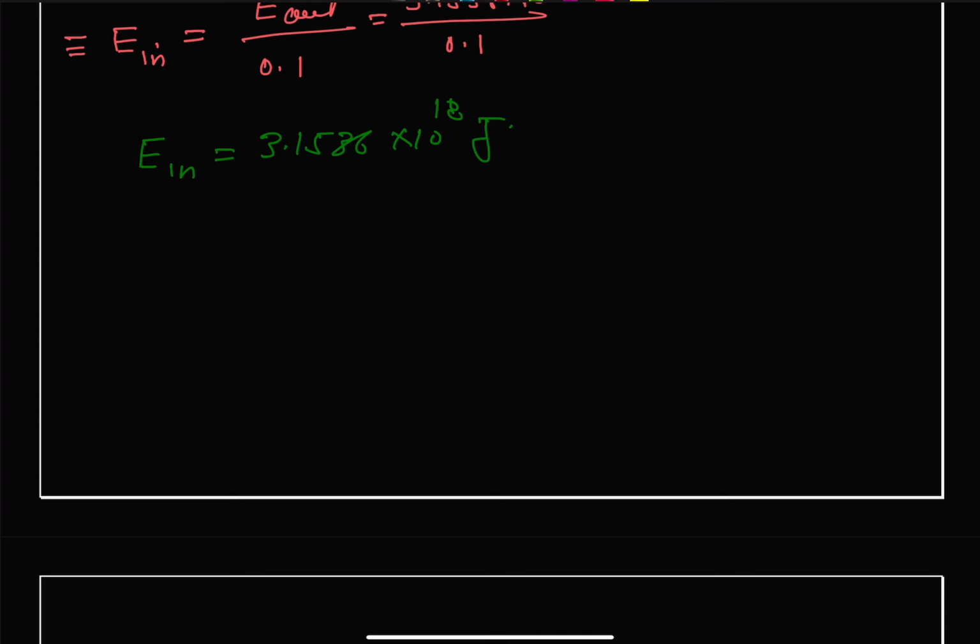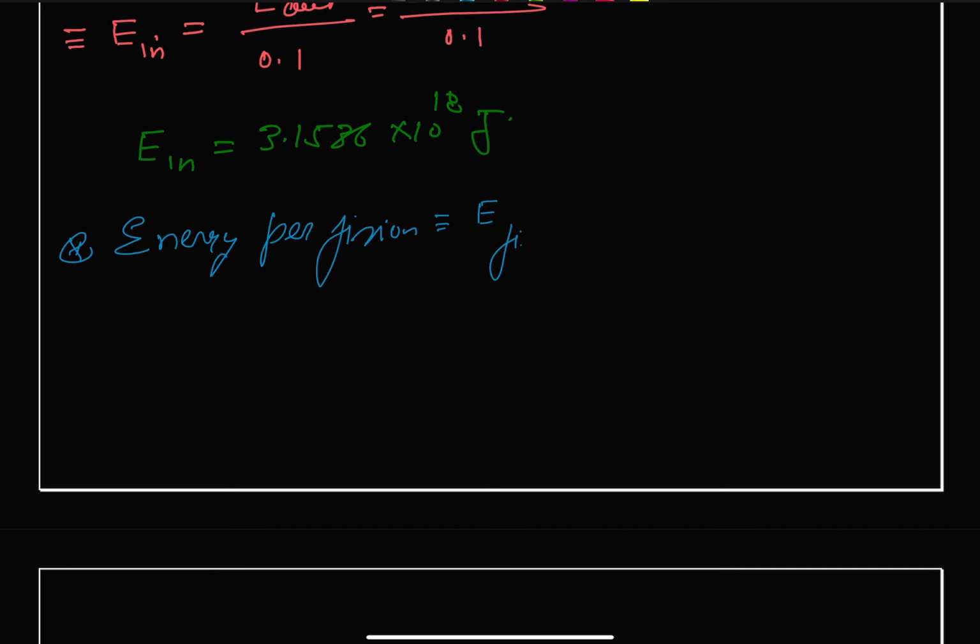Energy per fission is given to us, which we call as energy in a single fission, will be equal to, we have this as 200 megaelectron volt, so this comes as 200 multiplied by 1.6 into 10 to the power minus 13 joules, and this will be coming as 3.2 into 10 to the power minus 11 joules.